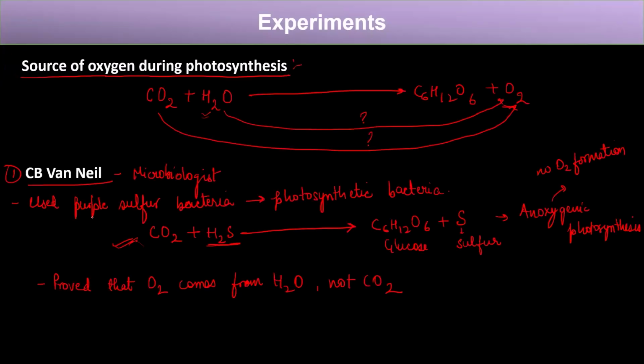Now, the second experiment was performed by another scientist named Robin and Hill. Because the previous experiment was proven in bacteria, another experiment was performed by Robin and Hill, and they worked on angiosperms. So what are angiosperms? Angiosperms are higher plants, right? These scientists used a plant named Stellaria media.